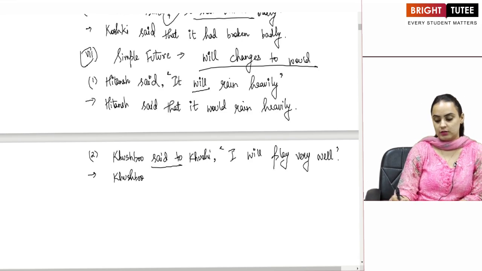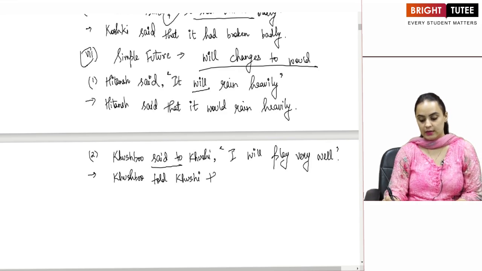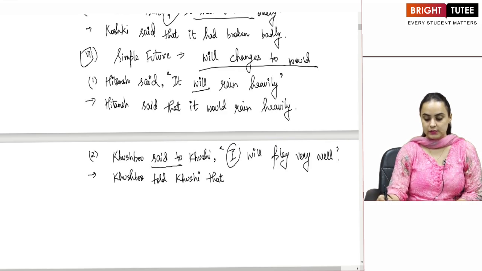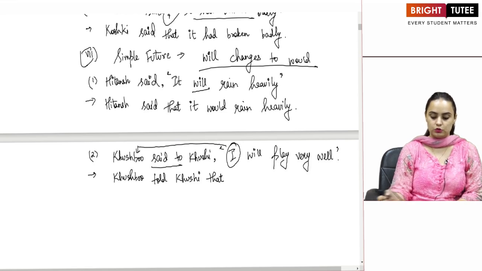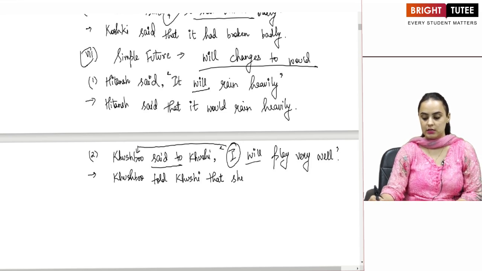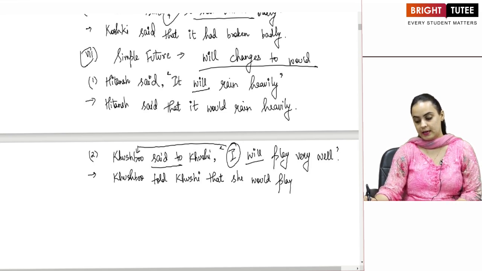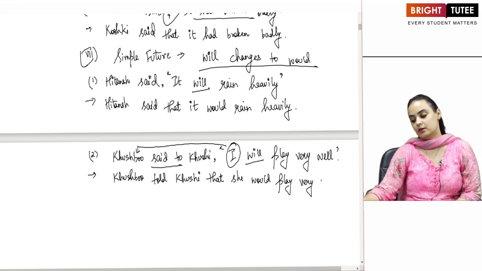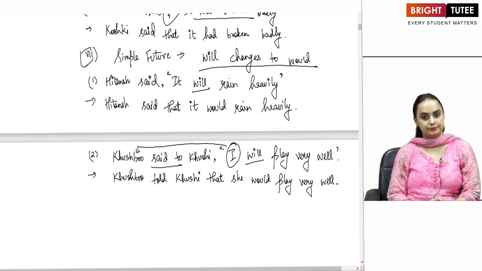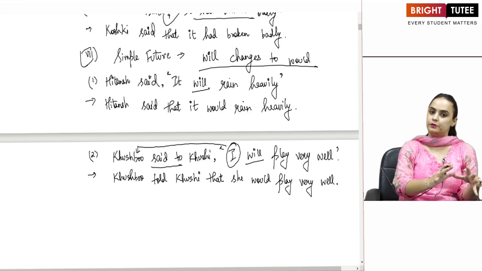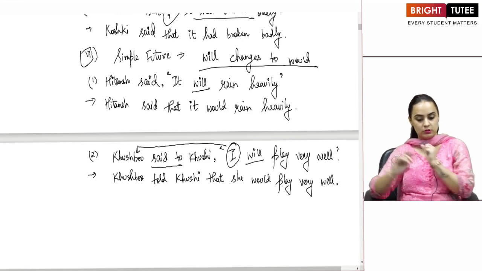Said to. Now since I have a listener Khushi, so said to changes to told. So Khushbu told Khushi that, who is this I? This is Khushbu, who is a girl. So she will changes to would play very well. Right? So simple future will changes to would.